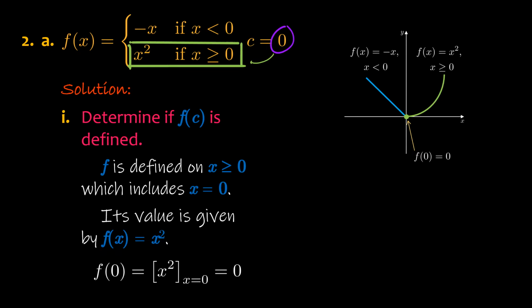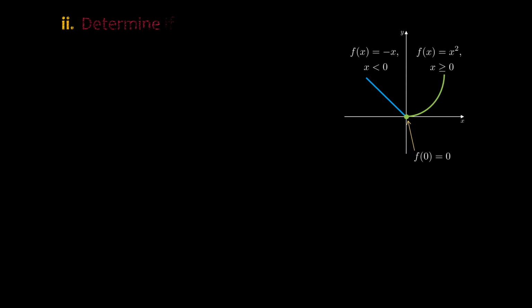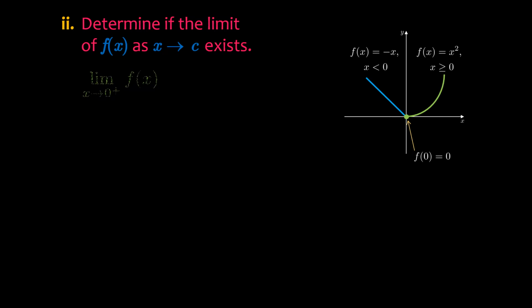It is represented by the solid point. Thus, f of 0 is defined. Second, determine if the limit of f of x, as x approaches c, exists. Compute the right-hand and left-hand limits.